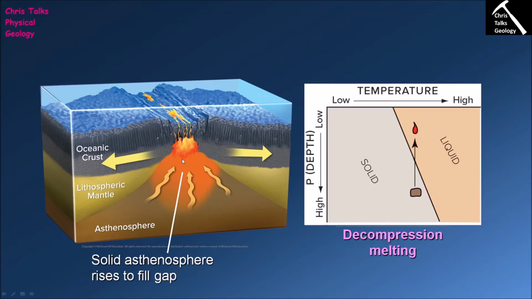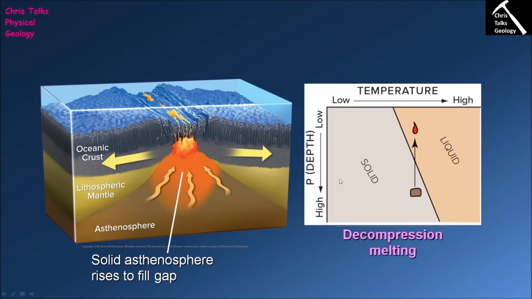So it's still got a temperature of 1300 Celsius or higher. And it just so happens that the melting point of mantle peridotite, which is what the asthenosphere is made from, is about 1300 to 1400 Celsius. So as soon as you take this very hot mantle peridotite and bring it up into an environment where the pressure is lower, it begins to melt through decompressional melting.